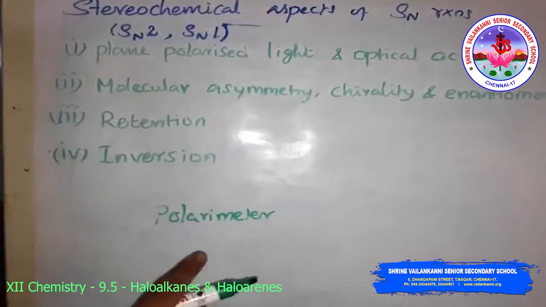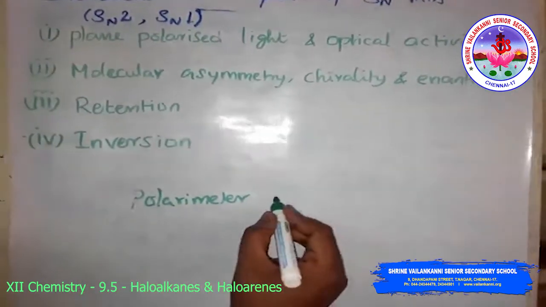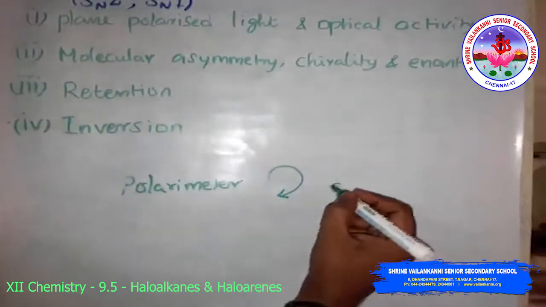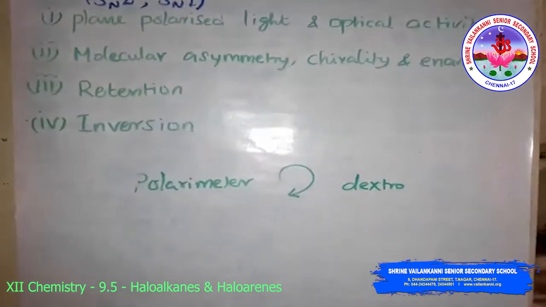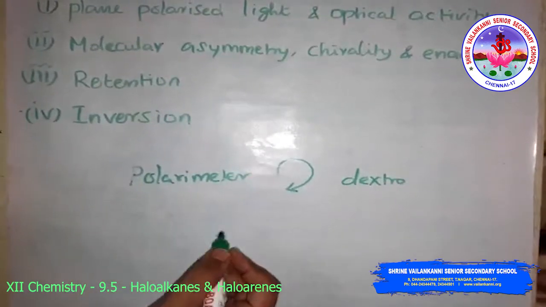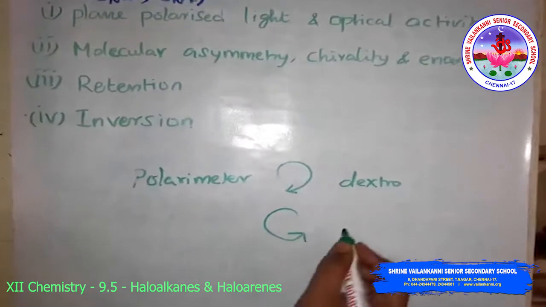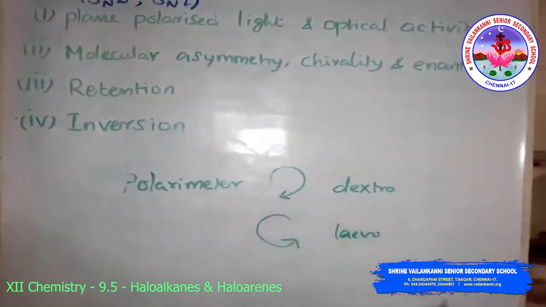If a compound rotates the plane polarized light in the right hand direction, that is, clockwise, it is called dextrorotatory. If a compound rotates it in the anti-clockwise direction, it is called levorotatory.